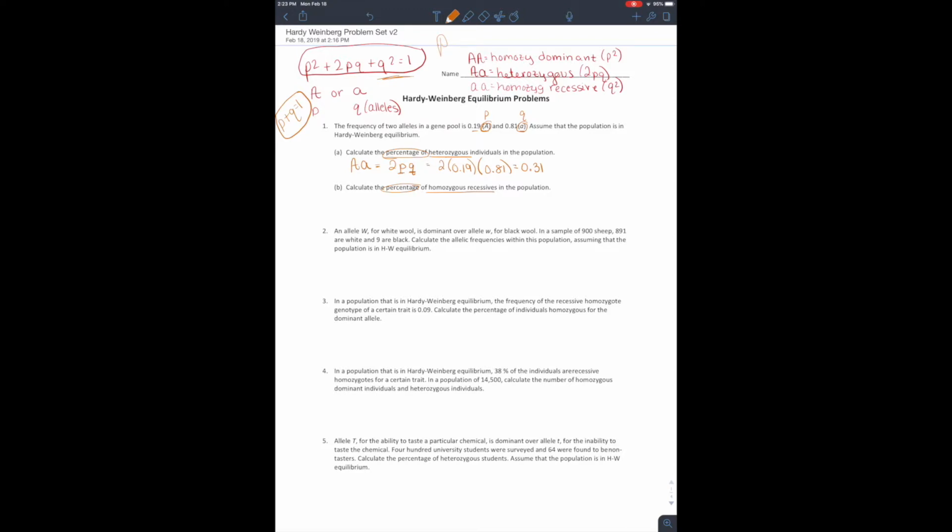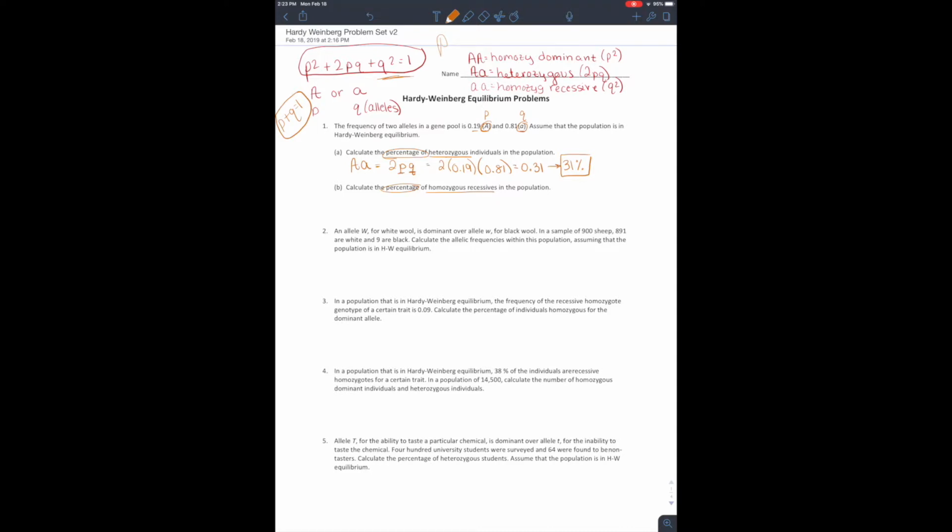It is asking you for the percentage of being heterozygous. So 0.31 is equal to 31%. The percentage of heterozygotes in this population should be 31%.